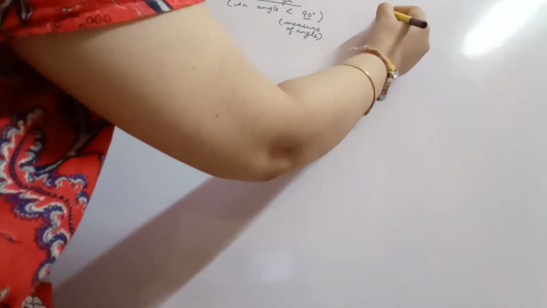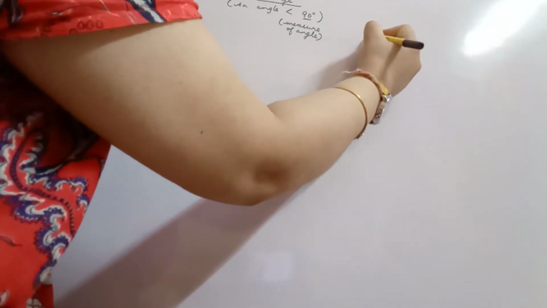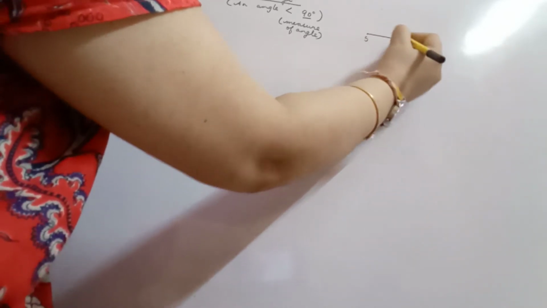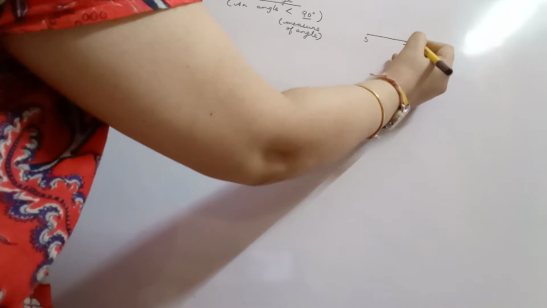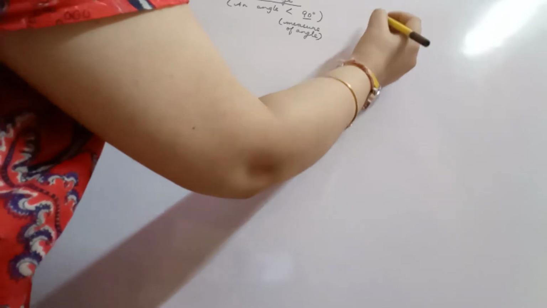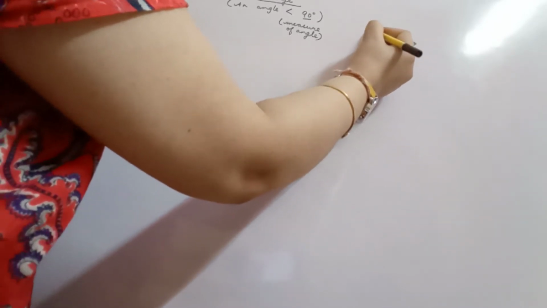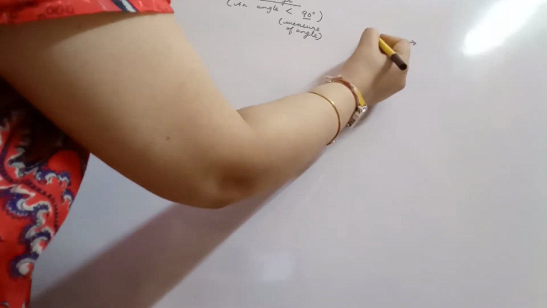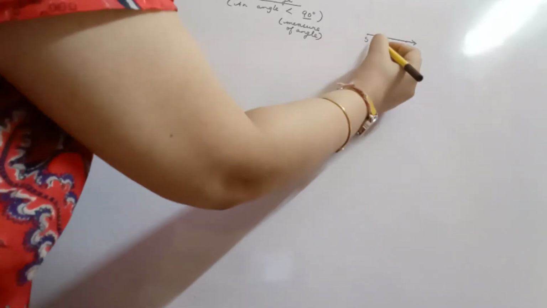So when you have to draw an acute angle, you will start with a ray, say ST. This is a ray, and the other ray should make an angle less than 90 degrees. Now what is 90 degrees?